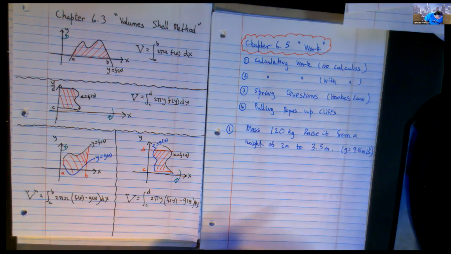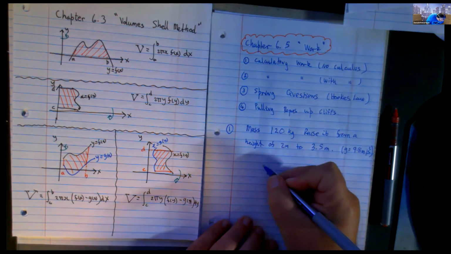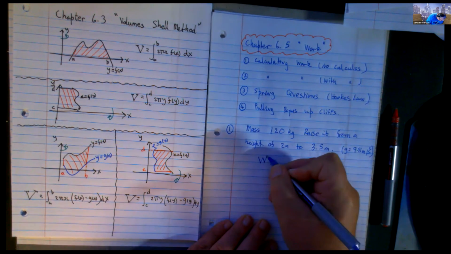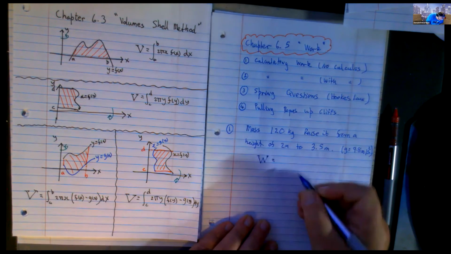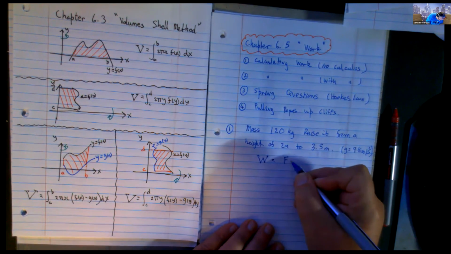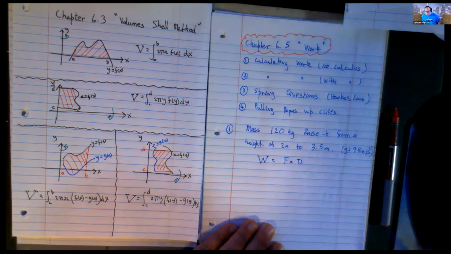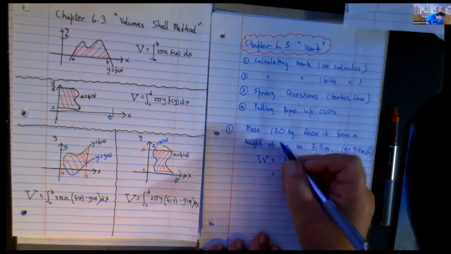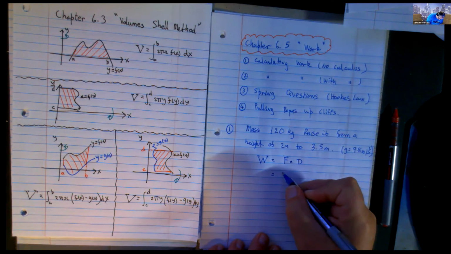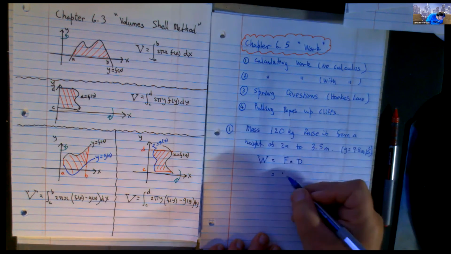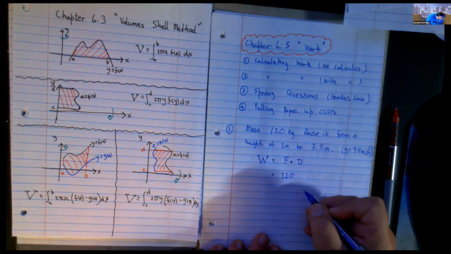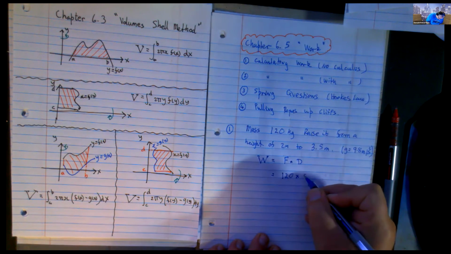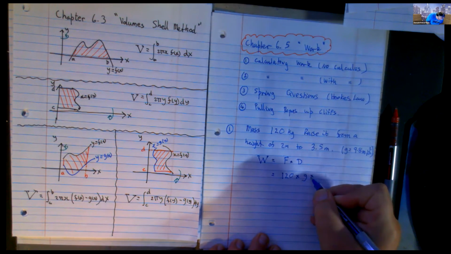The calculations I like. Okay, so the basic formula for getting work done is force times distance moved. In this world, the force is basically caused by 120 kilograms multiplied by the gravitational constant, multiplied by the distance moved.